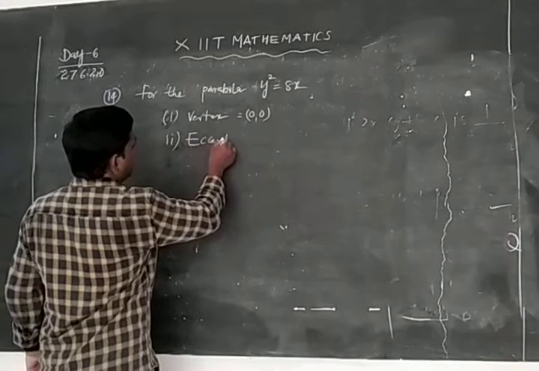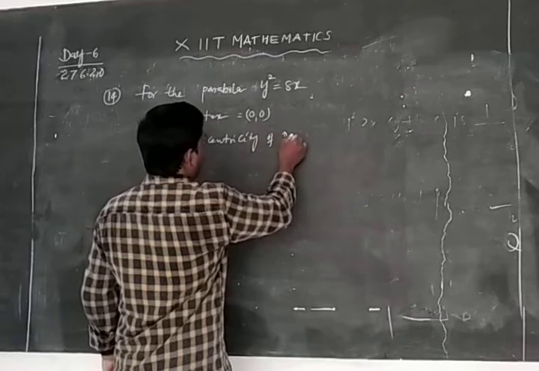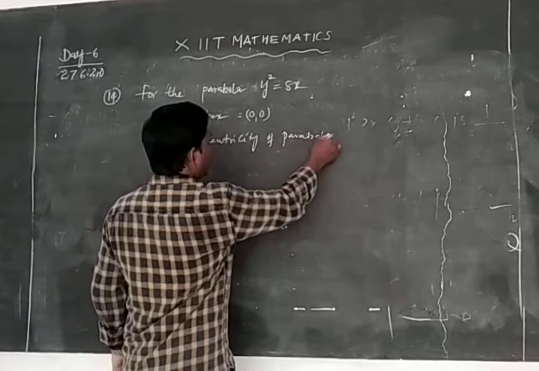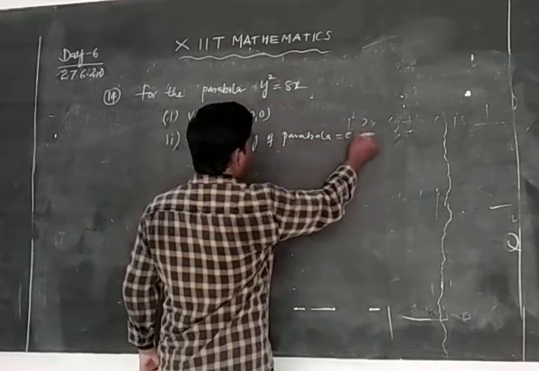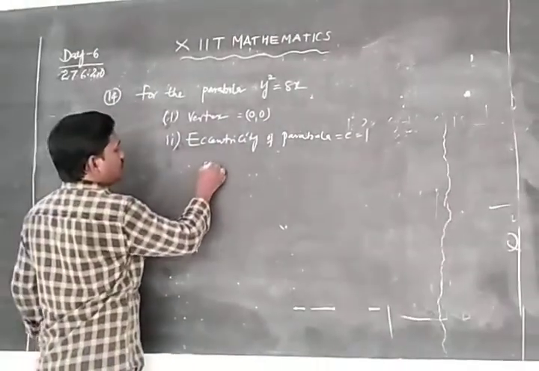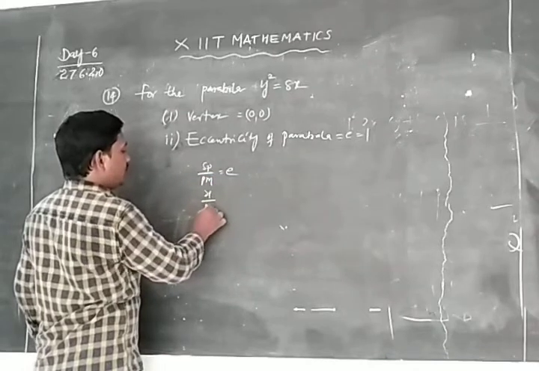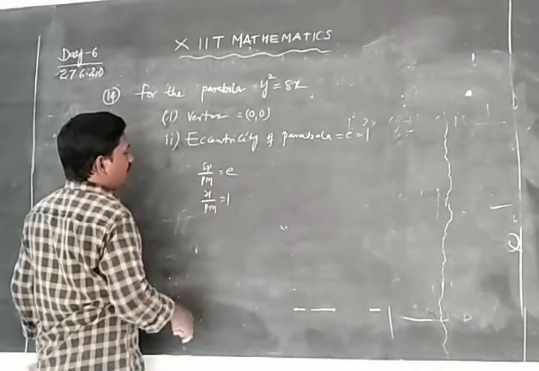Eccentricity of parabola equal to 1. That means SP by PM equal to E. The condition E should be 1 for any parabola.